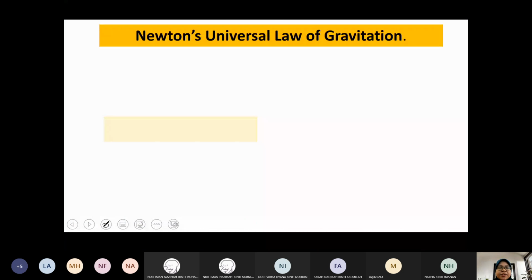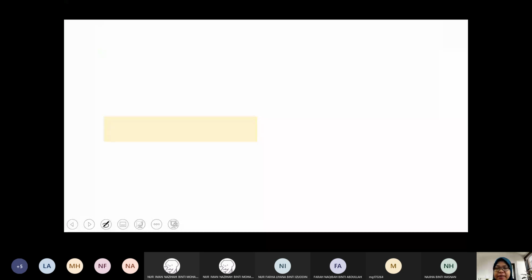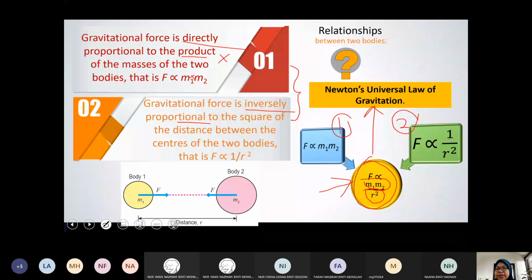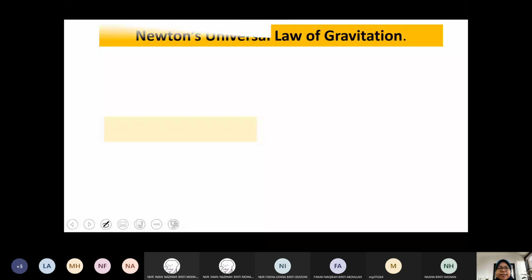Okay, next, what is the statement of Newton's universal law of gravitation? So if you can remember this, if you can write this one. So if you are asked, what is the statement of Newton's universal law of gravitation? So this is the answer.